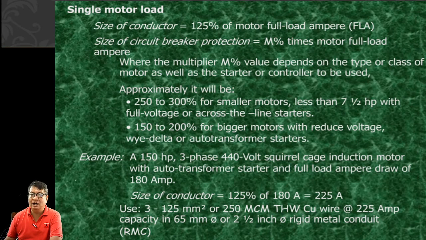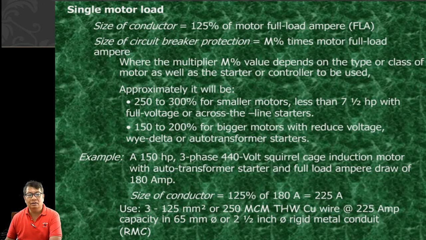Kung ilan ba yung current natin, then multiply it by the percentage, where the multiplier depends on the type or class of the motor. Iba-iba kasi yung multiplier natin pag iba-iba klaseng motor na we have in the system. So 250 to 300% for smaller motors less than 7 1/2 horsepower with full voltage or across the line starters, or 150 to 200% for bigger motors with reduced voltage Y-delta or auto transformer starters.